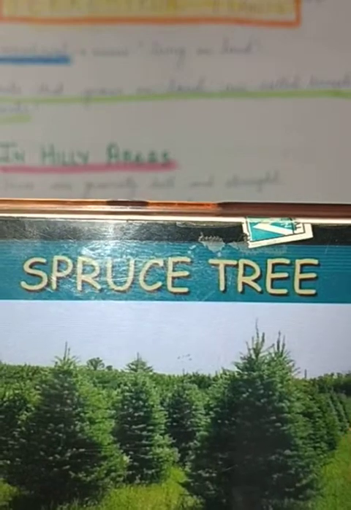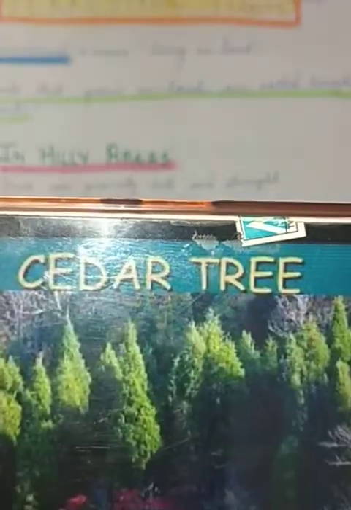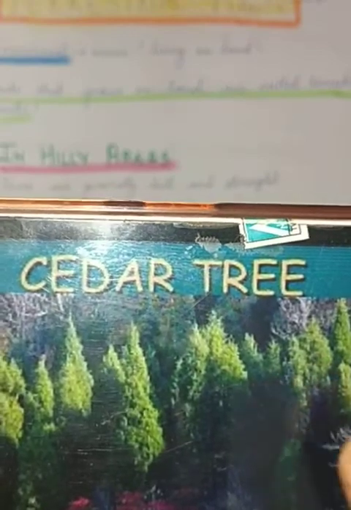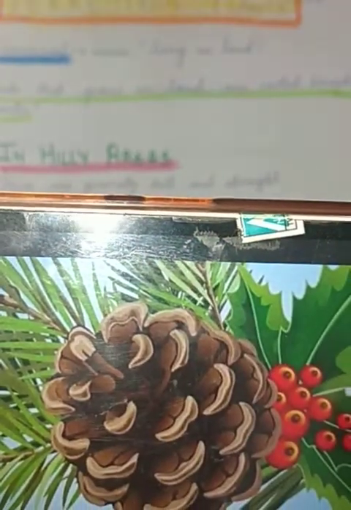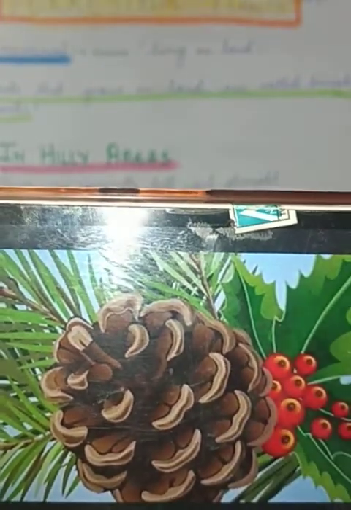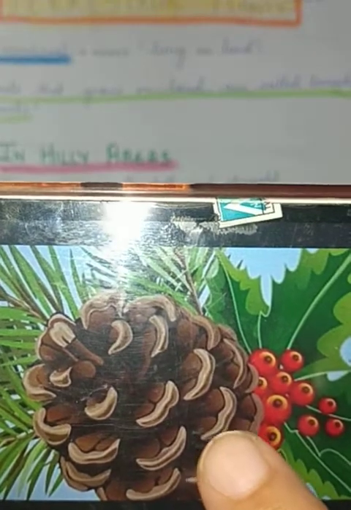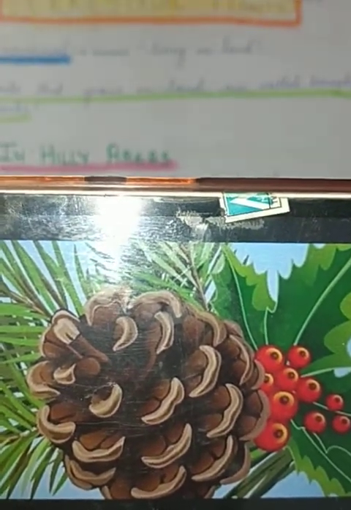They are straight and have needle-like leaves. The third one is the cedar tree. This is also found in hilly areas, and these are the cones. Instead of flowers they have cones. These cone structures are found in the trees which grow in hilly areas.